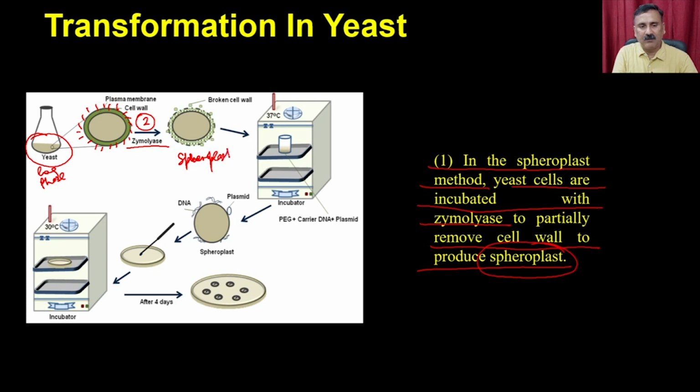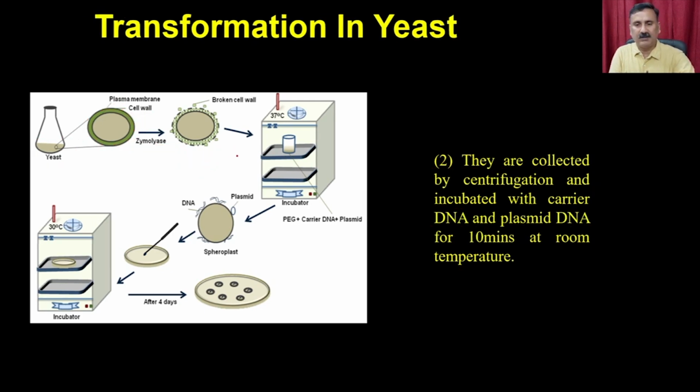Now, what you are going to do is the next step. These spheroplasts are going to be collected by centrifugation and incubated with the carrier DNA and the plasmid DNA for 10 minutes at room temperature. So, you take the spheroplast, collect it by centrifugation, and then incubate the spheroplast with the PEG, the carrier DNA, as well as the recombinant plasmids.